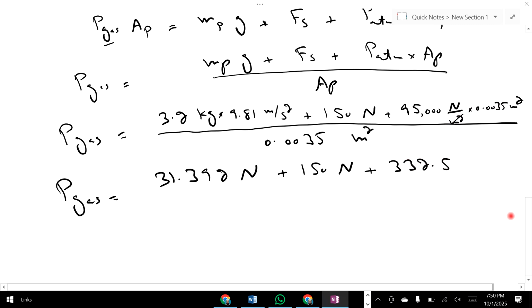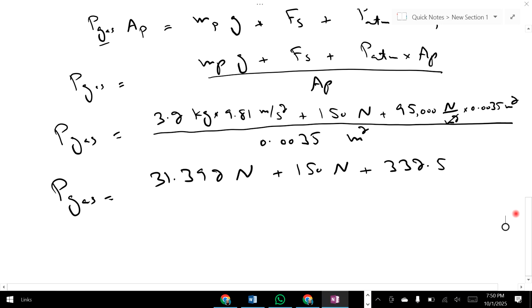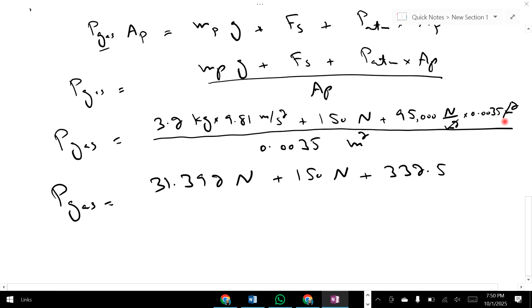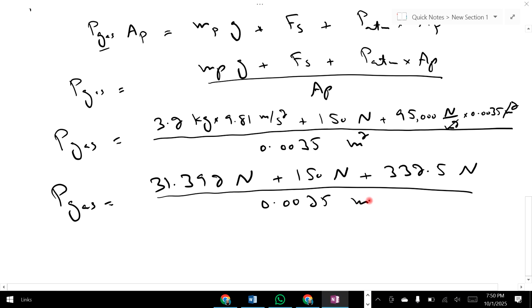Meter square will be cancelled with meter square, and this will be equal to Newton divided by 0.0035 square meter.